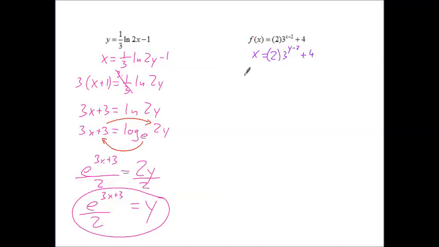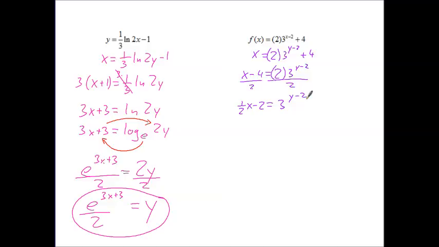First, subtract the 4. Then we are going to divide by 2. And I'm actually going to write this and distribute the fraction. So I get 1/2 x minus 2 is equal to 3 to the power of y minus 2.